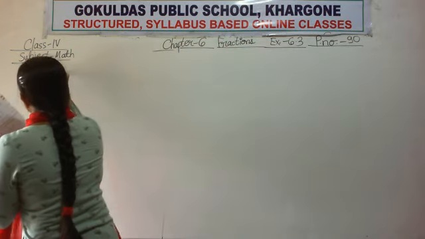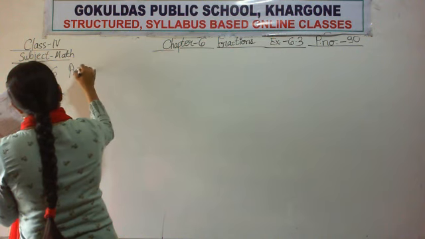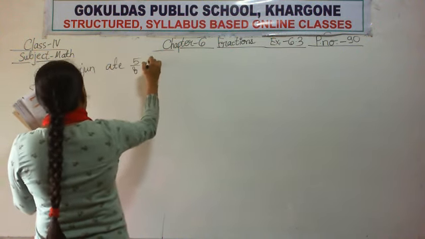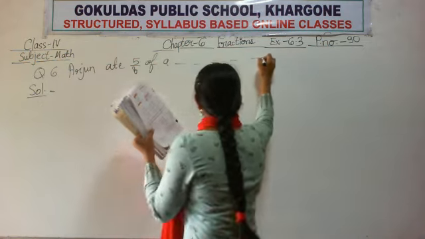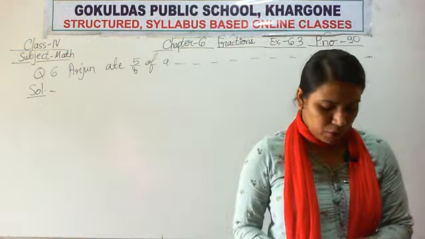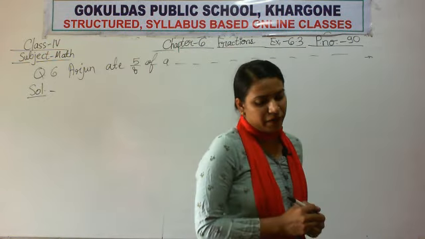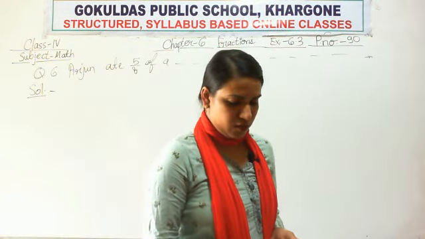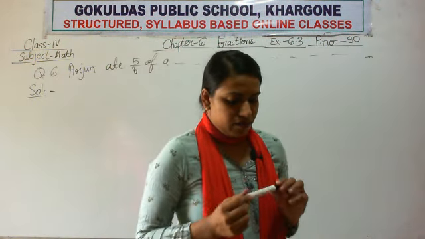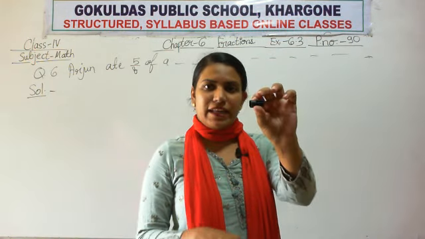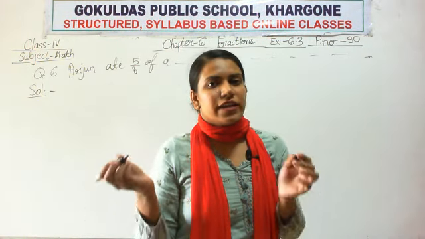Read the word problem. Arjun ate 5 upon 8 of a chocolate bar on Monday and 3 upon 8 of the same chocolate on Tuesday. Okay. Means suppose this is the chocolate. Arjun ate 5 upon 8 part on Monday and the remaining part on Tuesday.